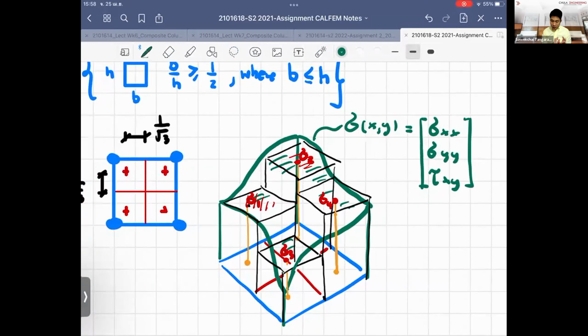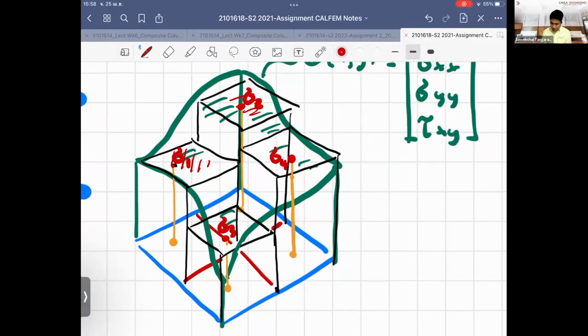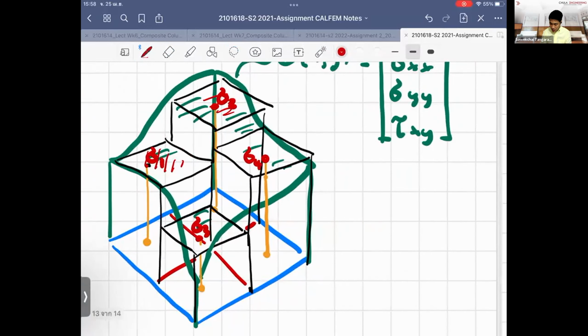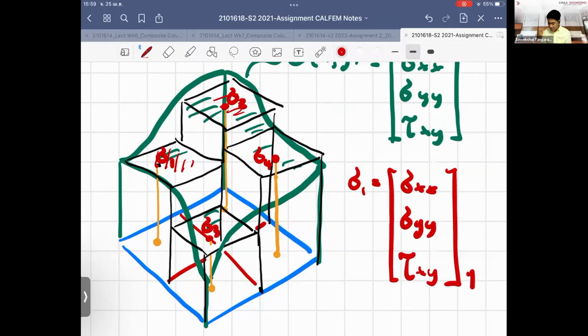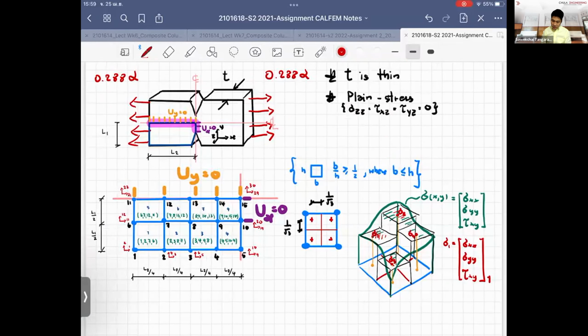And each Gauss point comes with this set of the stress tensor as well. For example, Gauss point number 1 comes with the set of sigma xx, sigma y, and tau xy at Gauss point 1, and so on, right? I'm not going to write them out further.